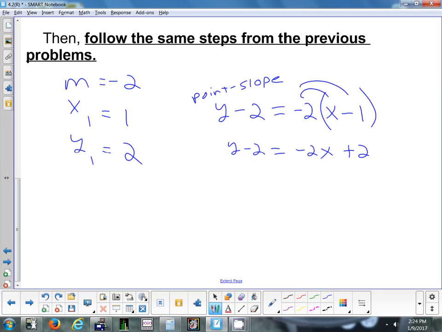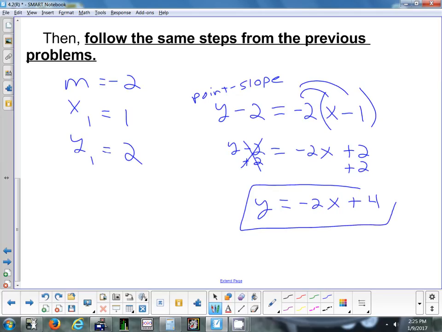What's the last thing I have to do? Subtract 2 for everything. Make that 2, yep, we're going to add it and add it. Negative 2 plus 2, gone. What's on the right-hand side now? 2x plus 4. Perfect.